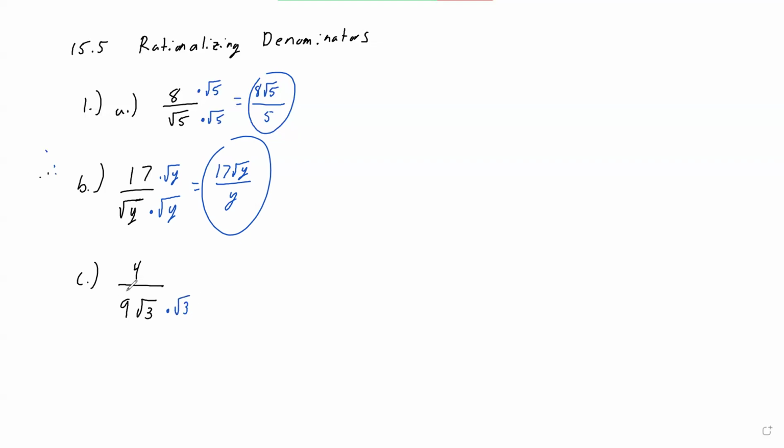Regardless of there being more attached to it, it's the radical that I can't have there. Very good. The square root of 3 times the square root of 3 would turn into a 3, but you do still have that 9. So that would become 9 times 3.